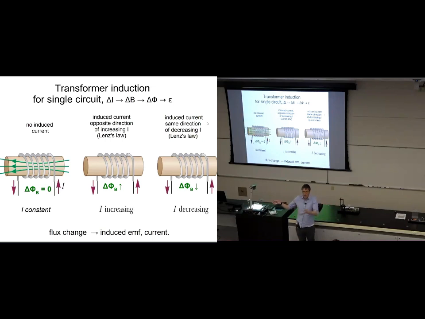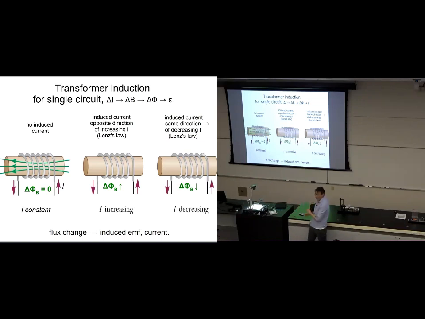Alongside the constant current, the growing current and the falling current is a constant magnetic field through the windings of the solenoid in this case. So this is the field and it's constant. In the case where the current is increasing, the field would be increasing. The number of field lines would be growing as a function of time.